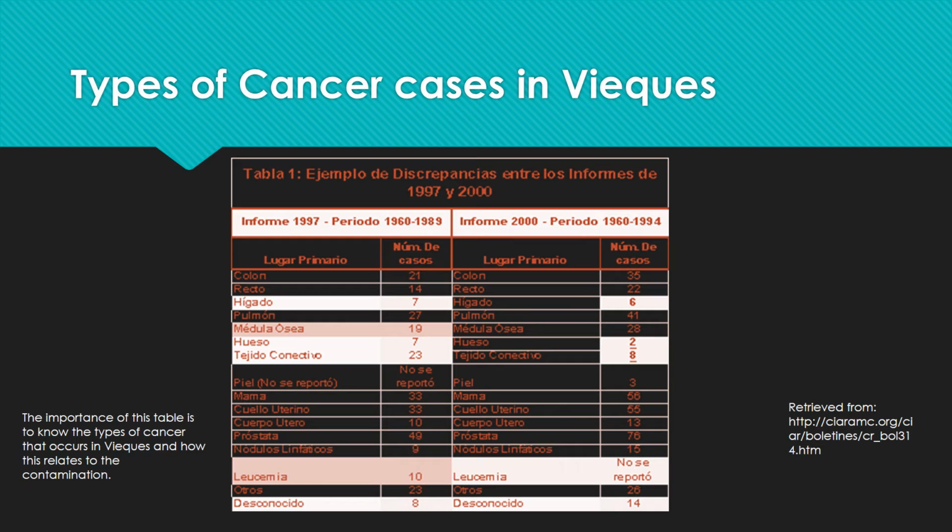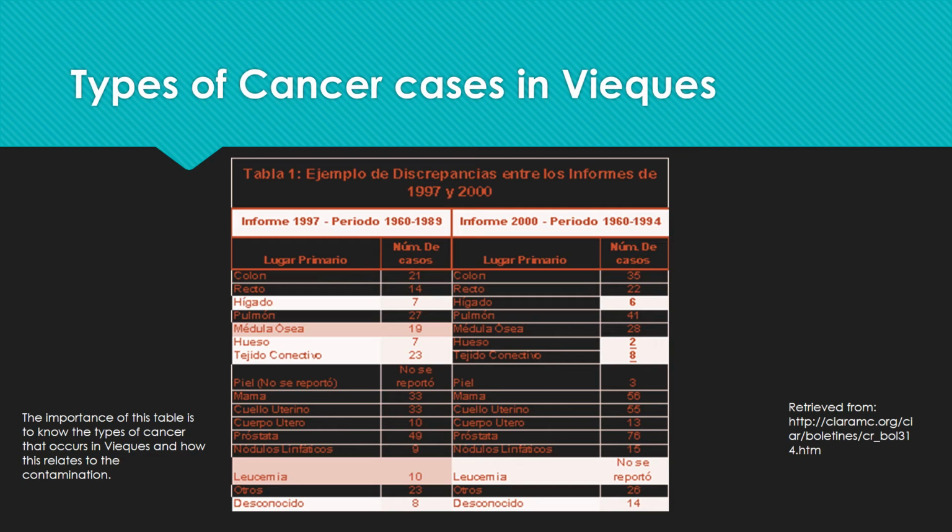On this slide, there's another table, and this table is to know the types of cancer that occur in Vieques, and this many cases is because of the relation with the contamination in the fields of Vieques and exposure to many chemicals, like I said. This table is about two reports that were made, one in 97 and one in 2000, covering the period of years from the 60s to 81 and to 94.